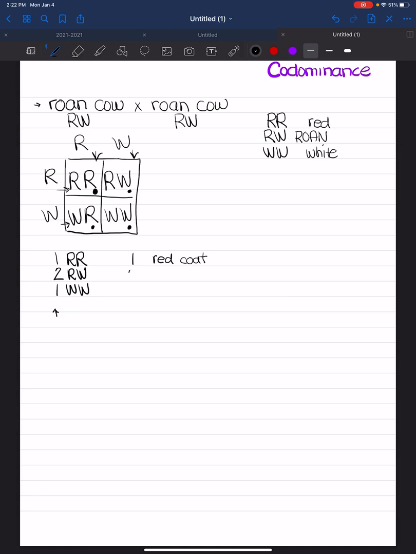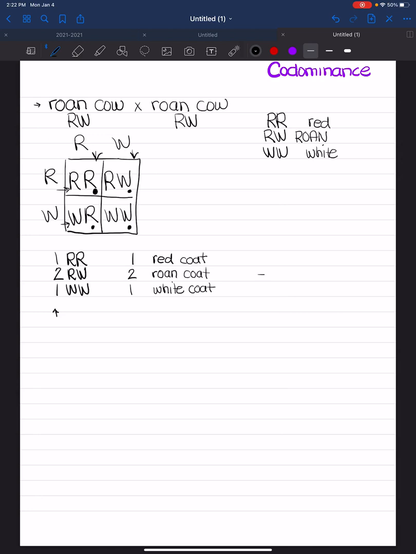Then I know 2 out of the 4 possible offspring, or 50% chance of having a calf with the roan coat. Remember, that's having both white and red bristles. And then I have 1 out of 4 chance of getting a white coat. Okay? So that would be the end of that problem.